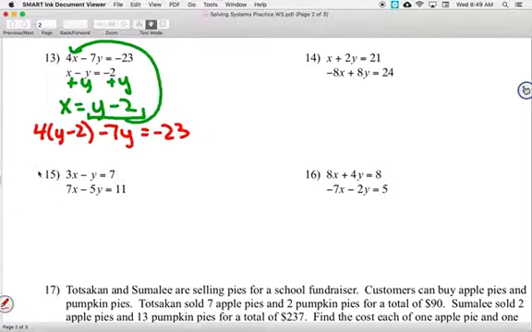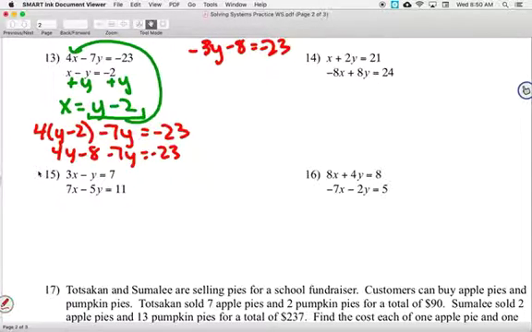We've substituted. Now I'm just going to distribute my 4. So 4y minus 8 minus 7y equals negative 23. And now I need to solve for y. I'm running out of space, so I'm going to move to the right over here. 4y minus 7y is negative 3y, minus 8 is equal to negative 23.